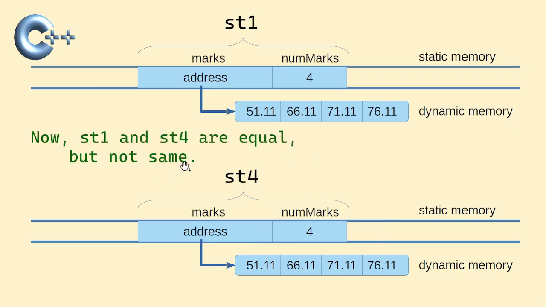Now we have two objects, and they are not sharing dynamic memory space. st4 has its own dynamic memory space, but the data is equal. Data that is stored in the dynamic memory space is equal in number and equal in value. Now st1 and st4 objects are equal, but they are not same.